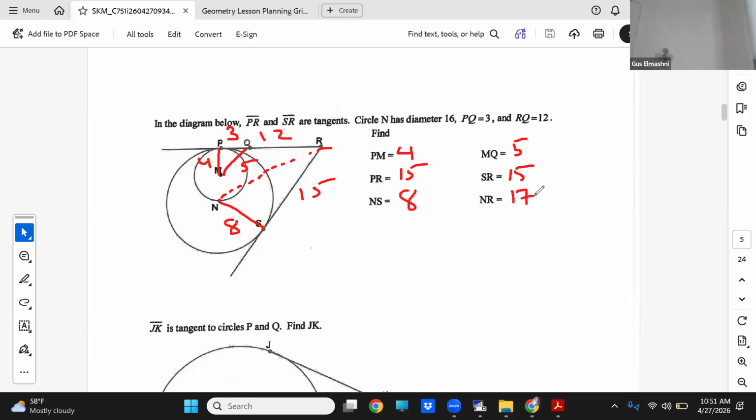It really forces you to use all these skills. How would we know if it's a right angle? The tangent. You told us the tangent.